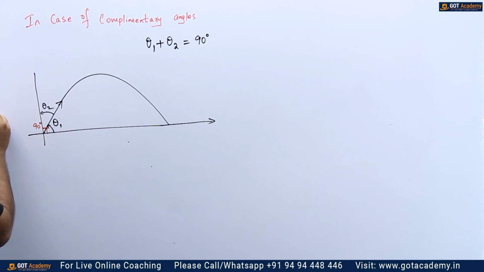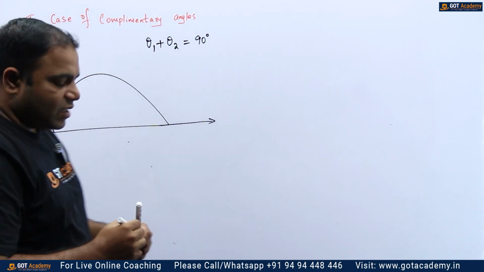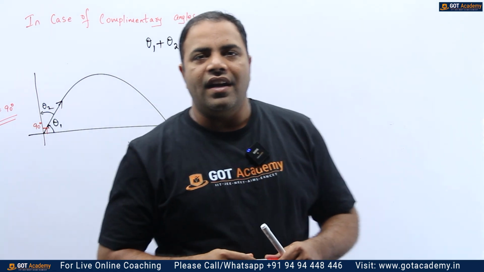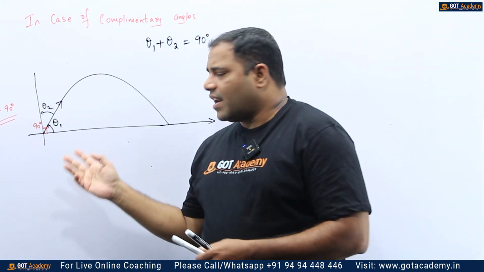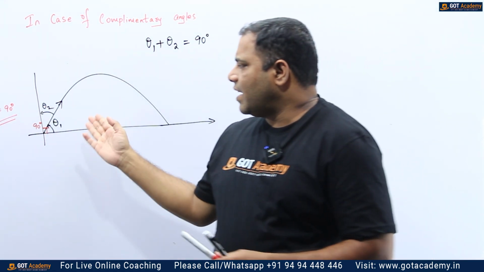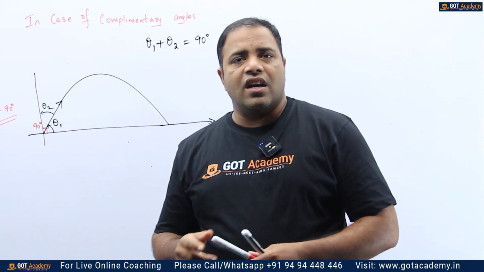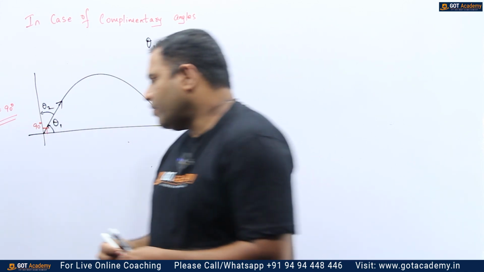So theta 1 plus theta 2 must be equal to 90 degrees. That is the meaning of complementary angles. Now, if a body has been projected with an angle of theta 1 initially and then theta 2, what will be the relation between them?